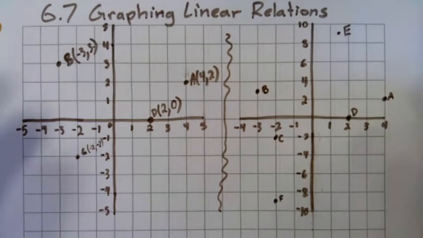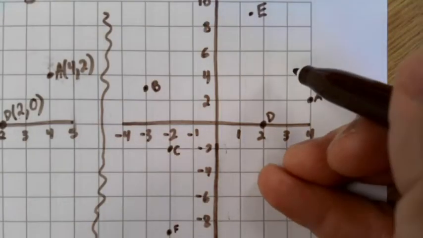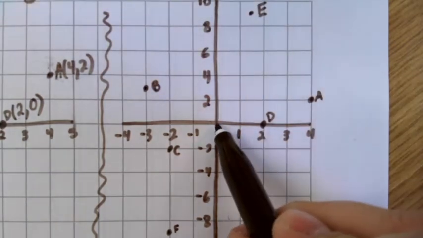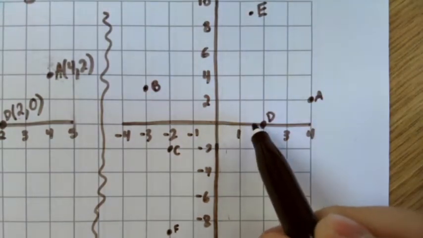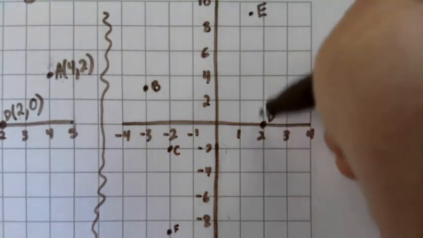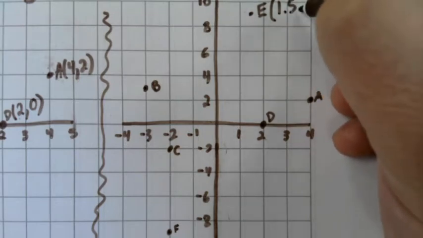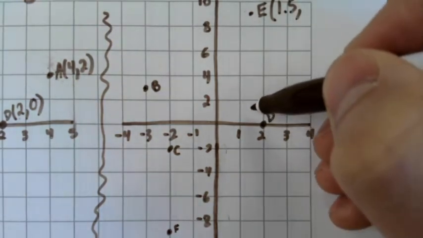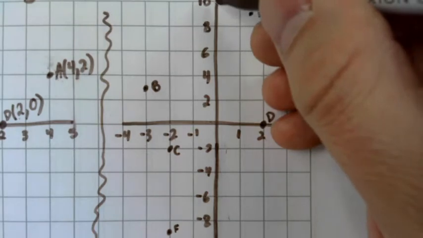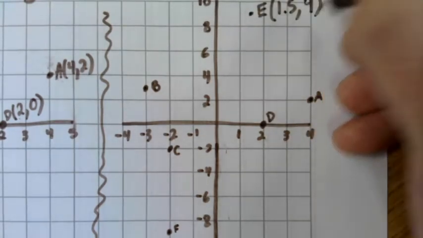Okay, I've also drawn 2 other dots on here, point E and point F. Look at E. It's gone over right 1, not quite 2. It's halfway between the 1 line and the 2 line, which means it would be 1.5. And then if you go up, it's halfway between 8 and 10, which is 9.